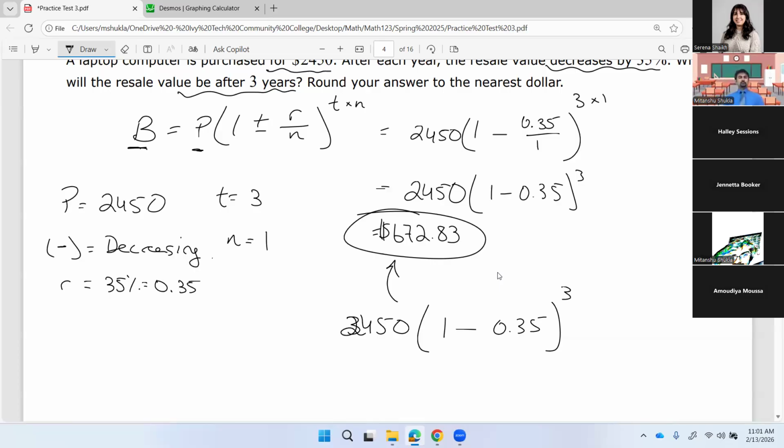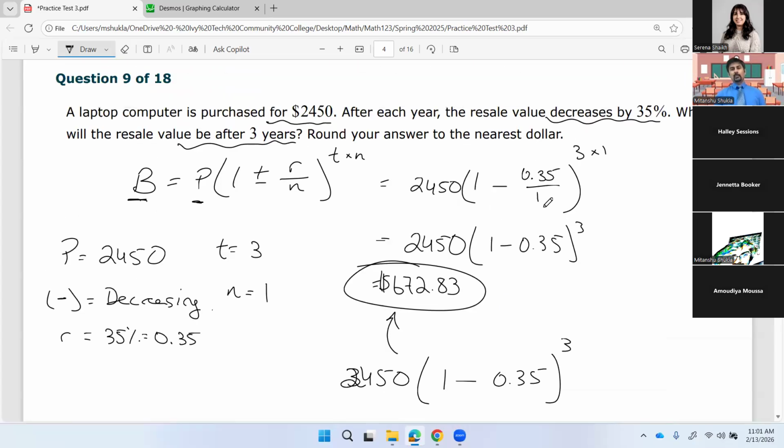How do you know right away that this was a compounded exponential question? Yeah, that's a really good question, Haley. My rate of change is a percentage, right? So there's going to be a huge difference if I'm increasing by $10 in my bank account every year versus 10% in my bank account every year.